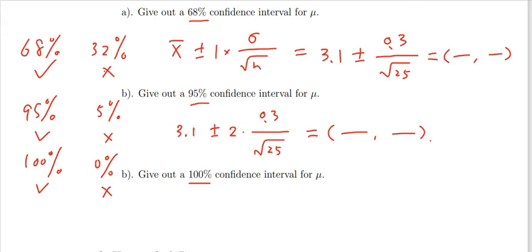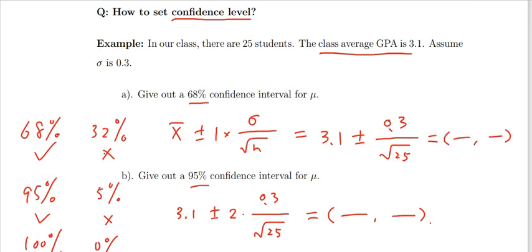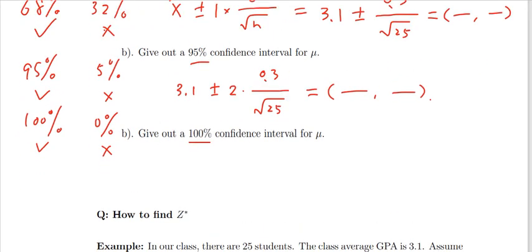Like here, suppose I wanted to give a 100% confidence interval for mu, the average GPA. I can know mu is between 0 and 4, right? Such a conclusion has no mistake, but it is useless.